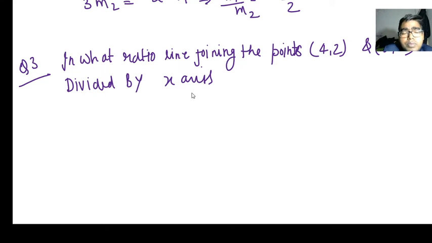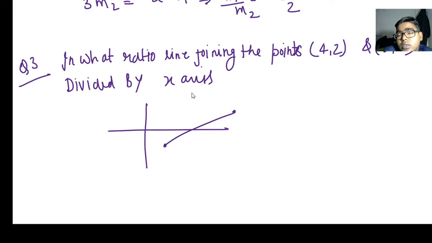So simply suppose that this is a line, let us draw.